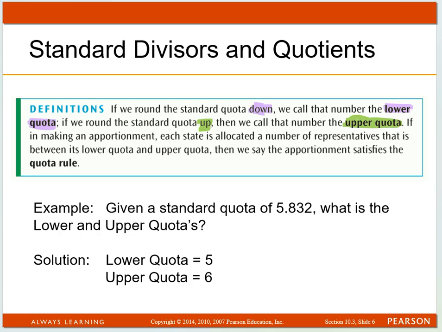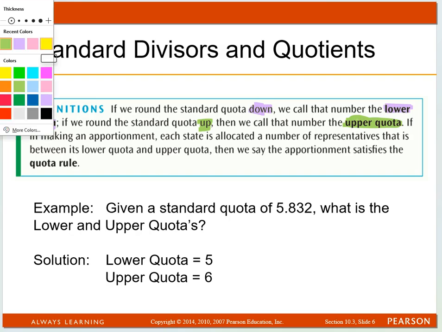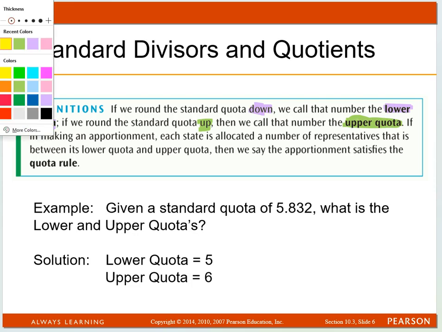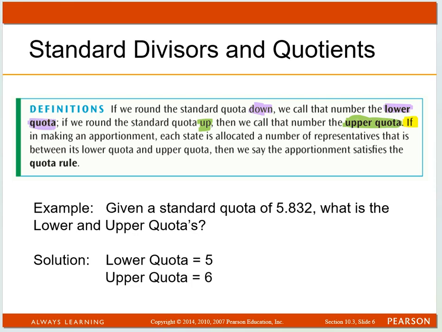And they call this the quota rule. If, when you make an apportionment, each state is allocated a number of representatives that is between its lower and upper quota, we say the apportionment satisfies the quota rule.